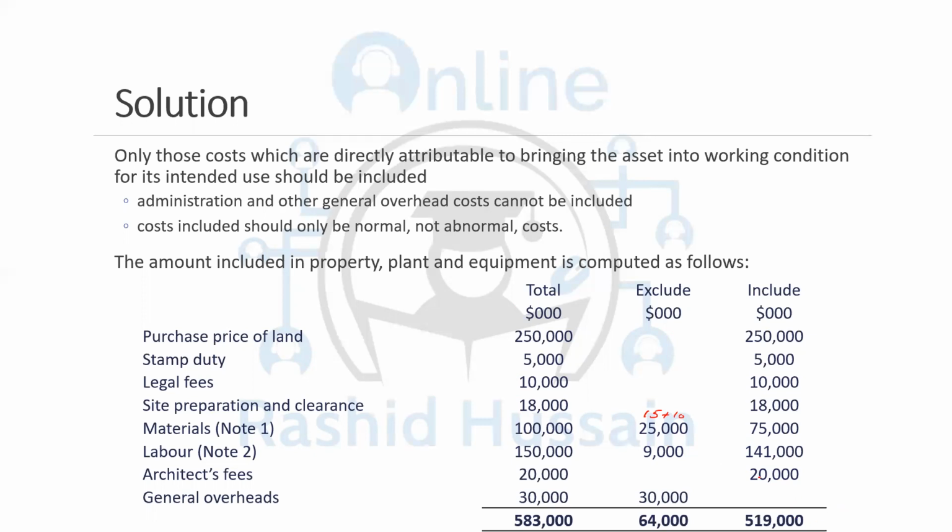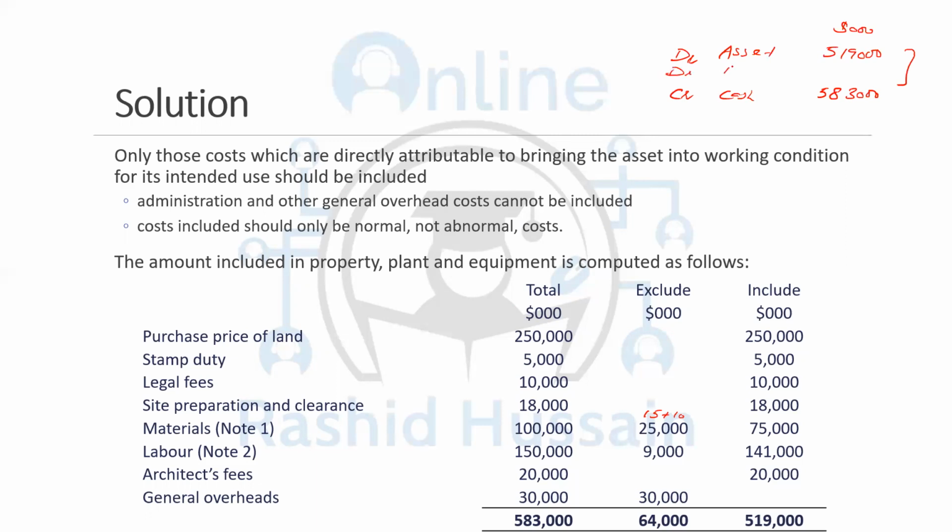So this is 5,19,000. Now, what is going to be the double entry? Debit asset, how much we are going to capitalize? 5,19,000. How much the total payment has been made? Credit cash, 5,83,000. Now, this debit and credit are not equal. There's a difference on the debit side.